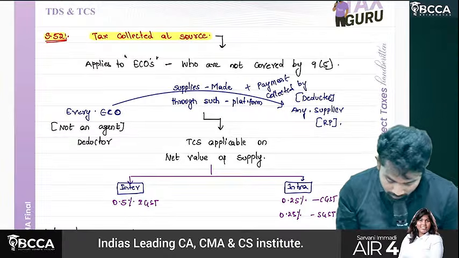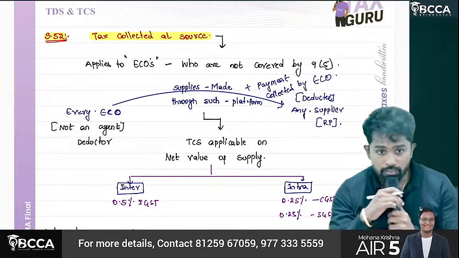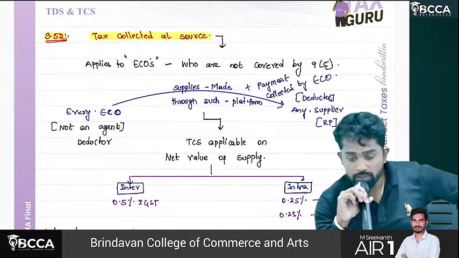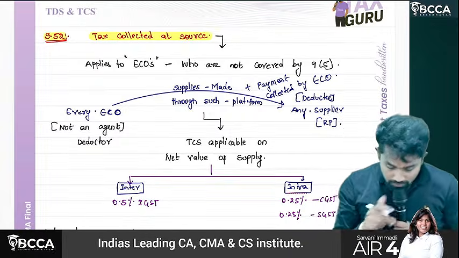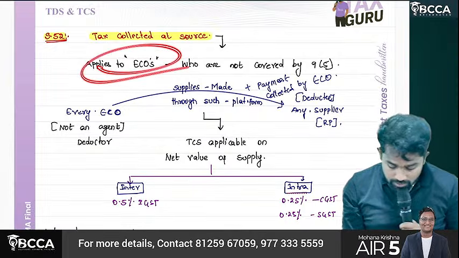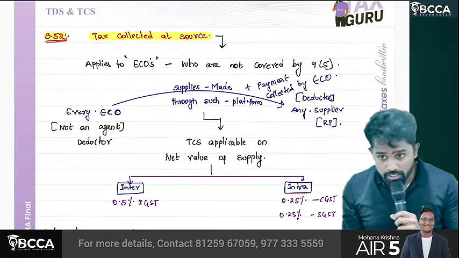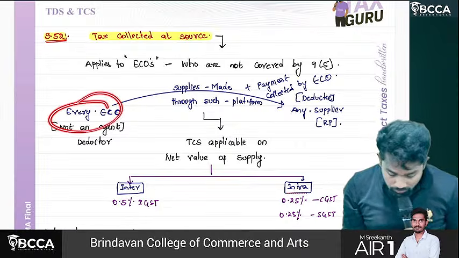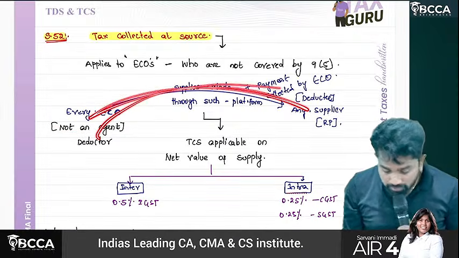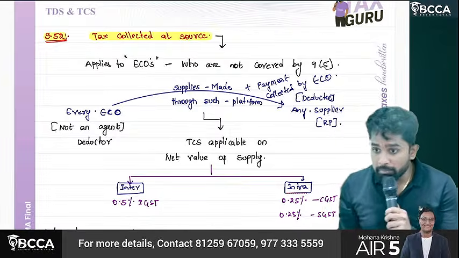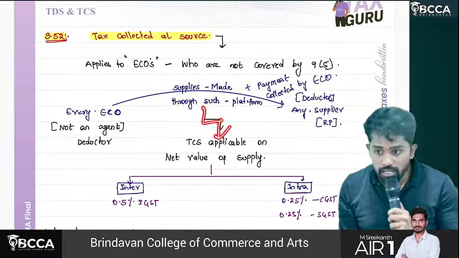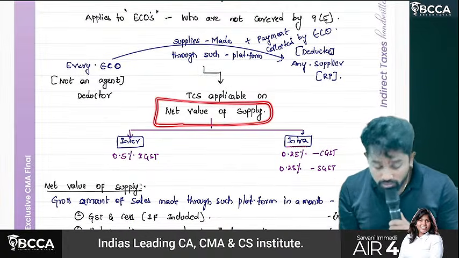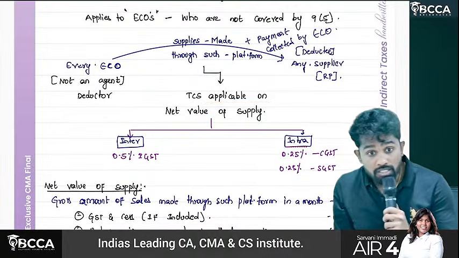ECO. If the payment is also through ECO, then TCS is applicable. They are not covered under 9 subsection 5, but they are ECOs. So when any supplies are made through such platform and the payment is also collected by him, in such cases TCS is applicable on the net value of supply.